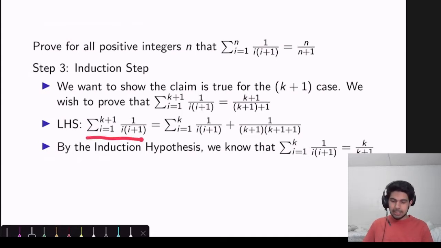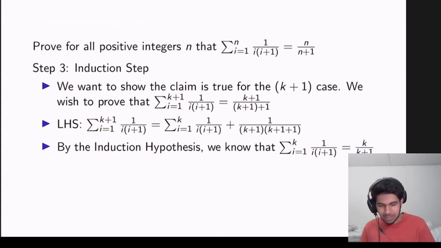What we notice is that this summation can be broken apart. It goes from i equals 1 to k plus 1. So we can break this up into the summation from i equals 1 to k, and then add on the term for when we put in the k plus 1.